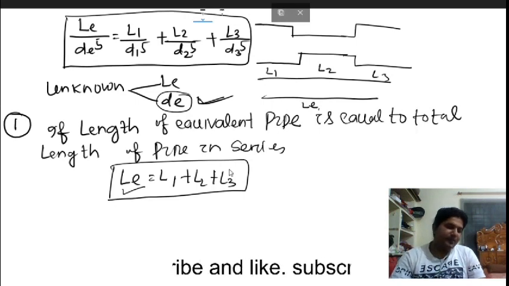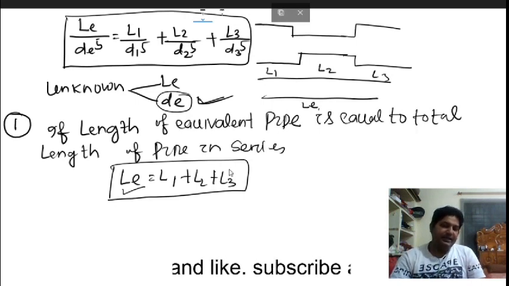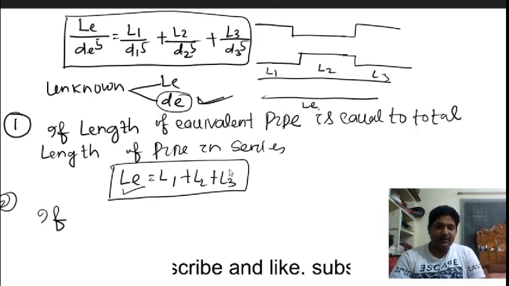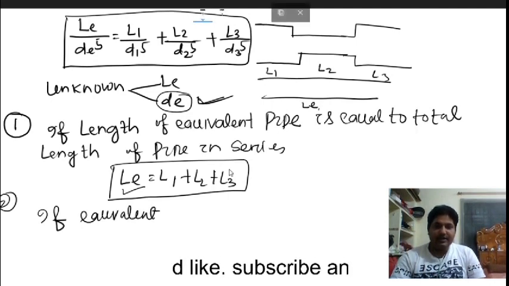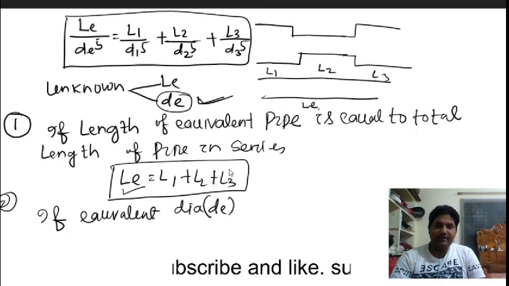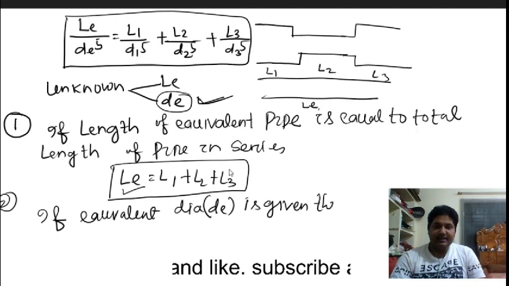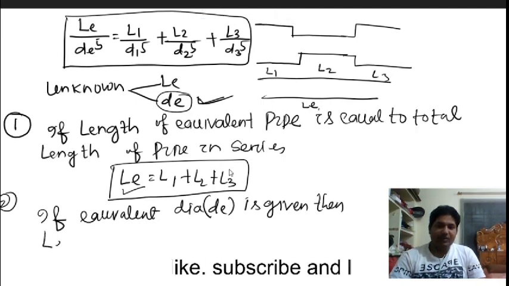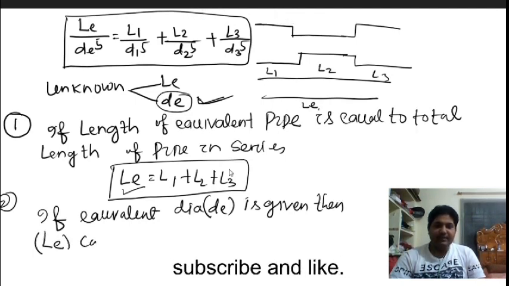Second, it can also be possible that the equivalent diameter DE is given. Then the length of the equivalent pipe can be found out.